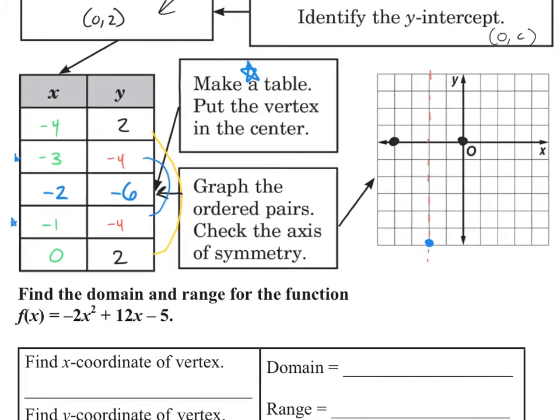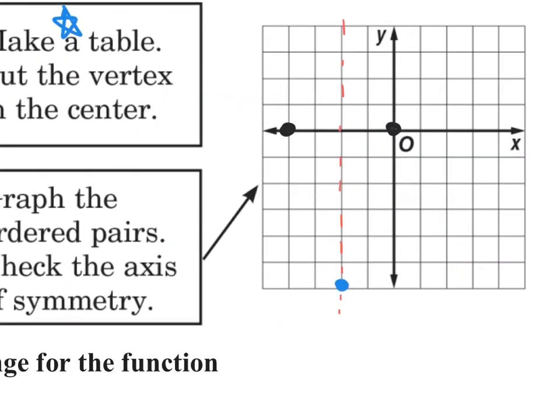So now I have this information to graph. We had -3, -4, and we had -1, -4. Now you might notice that it's not a straight line. These are different. This one increases by 2. This one increased by 4.